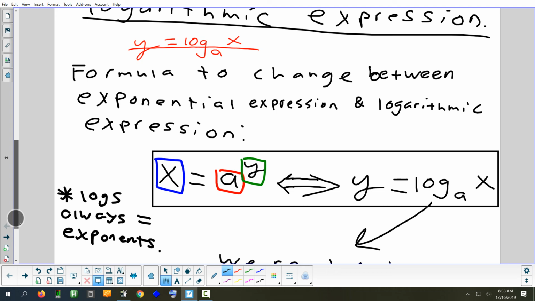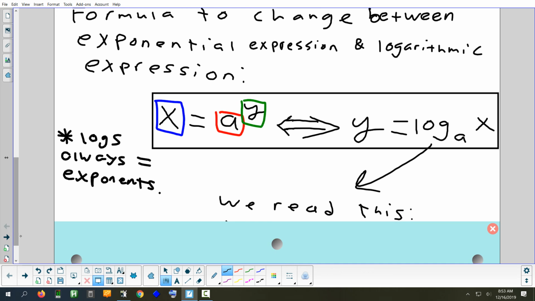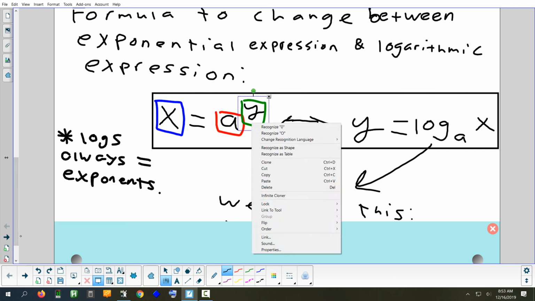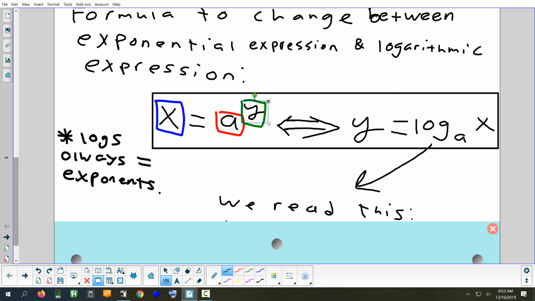So logarithms always equal exponents. Look at the left hand side. Y is the exponent. A logarithm should always be equal to the exponent. That's why the y is by itself, because the y is the exponent. So logarithm always equals the exponent.